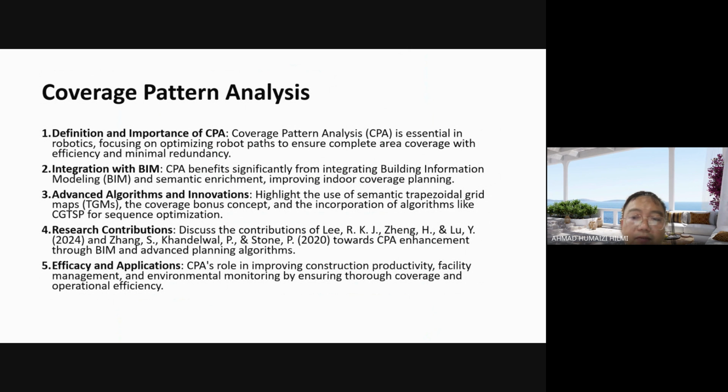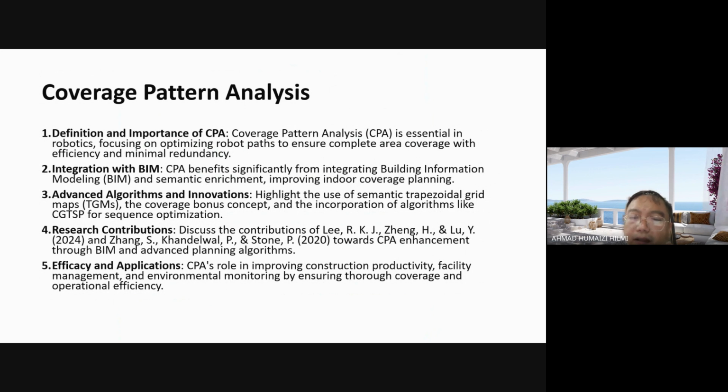This integration allows for the creation of semantic trapezoidal grid maps, a method that segments spaces in a way that significantly simplifies navigation and coverage tasks. Researchers such as Zhang et al. and Li et al. in 2024 have pushed boundaries for CPA.